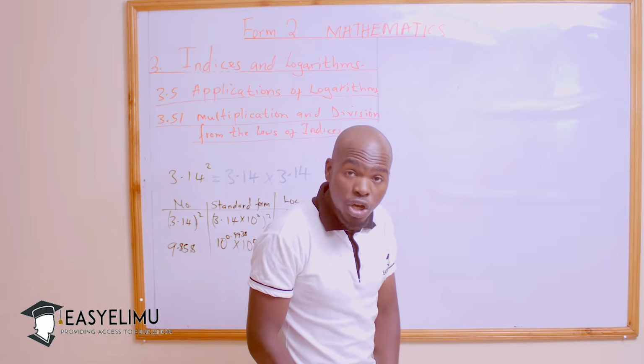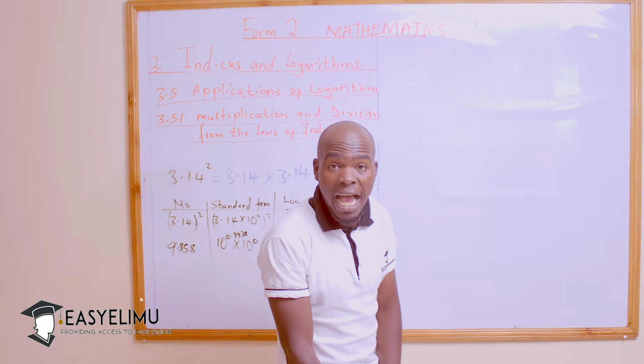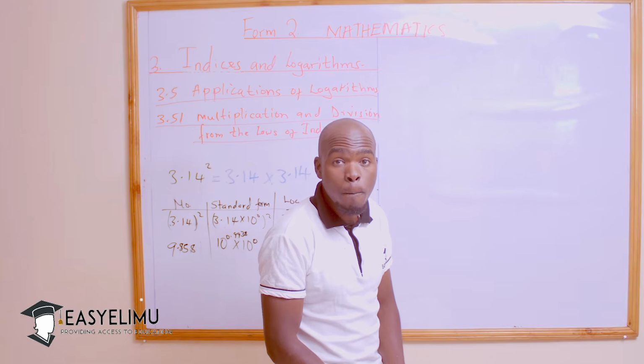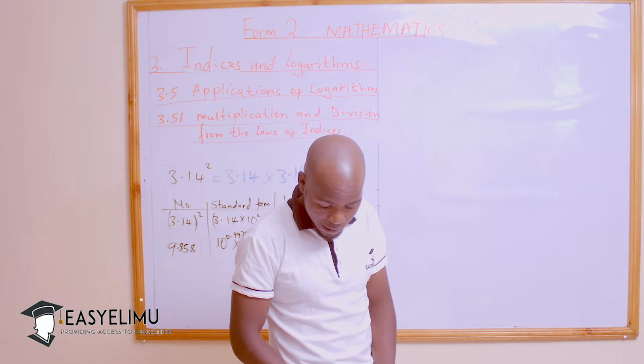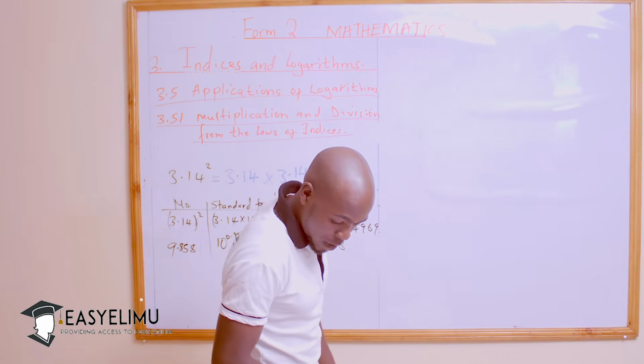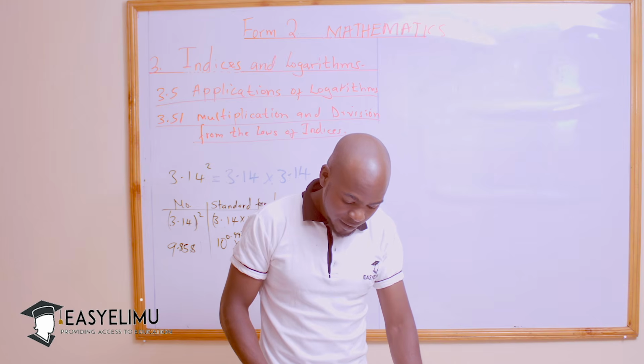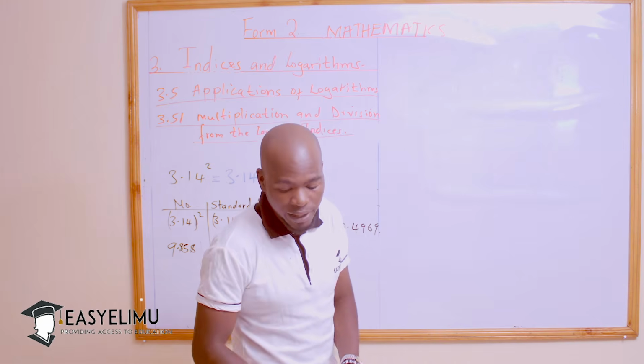Now we are going to see how we can work out a mixed computation. For example, we're going to have 634 multiplied by 436 by 688 divided by 784, and see what we shall find.